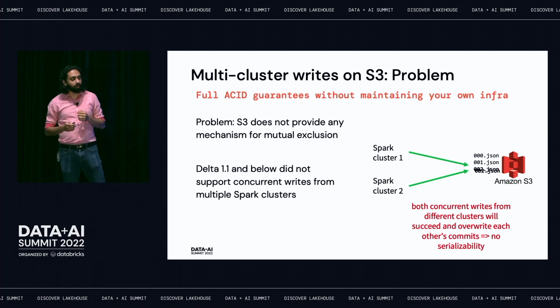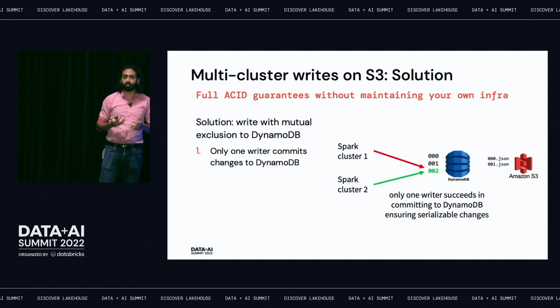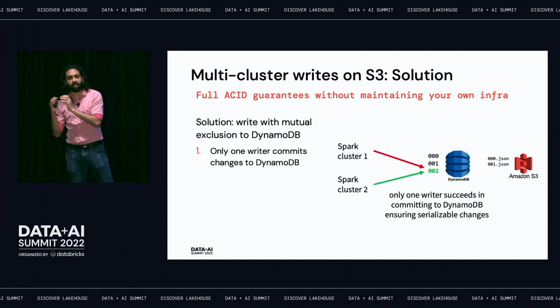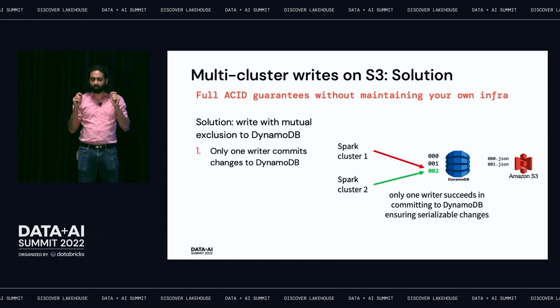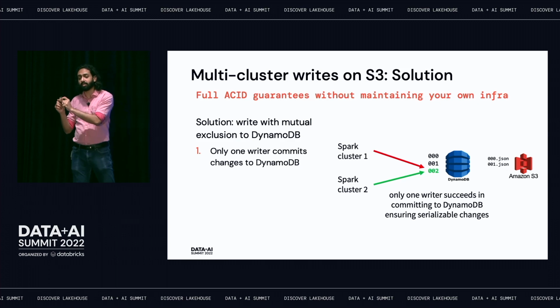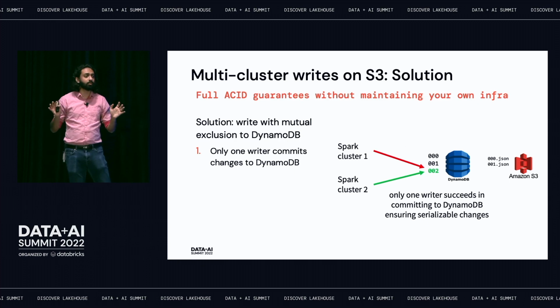So to overcome that problem, what we introduced is another indirection where instead of using S3 as the transactional system, we use DynamoDB as the transactional system. Instead of trying to commit, put a file only if it's absent in the file system, we try to put a key, the version, in DynamoDB only if it's absent, which is the exact feature that Dynamo gives out of the box.